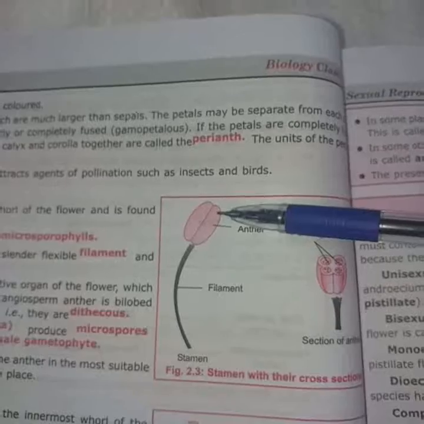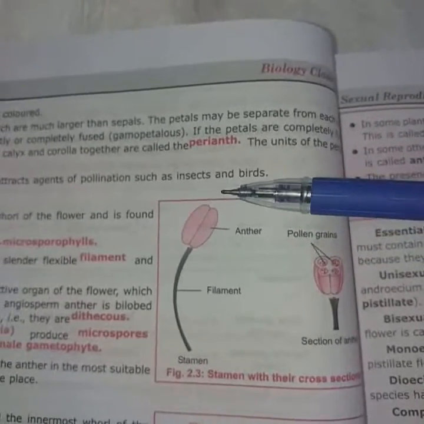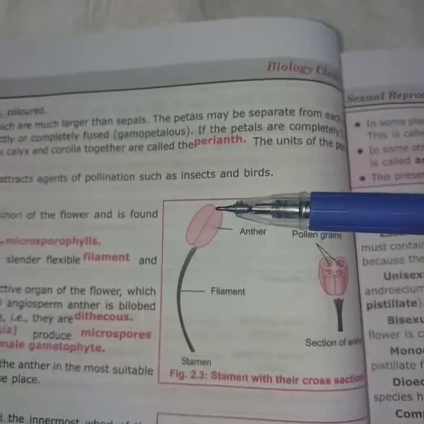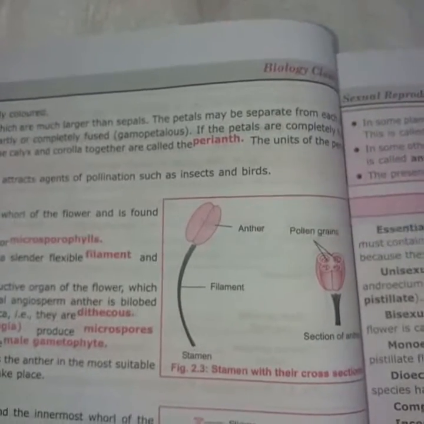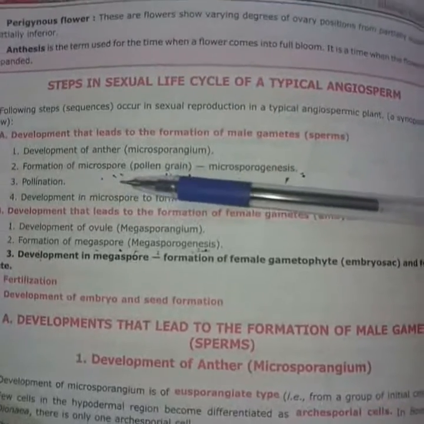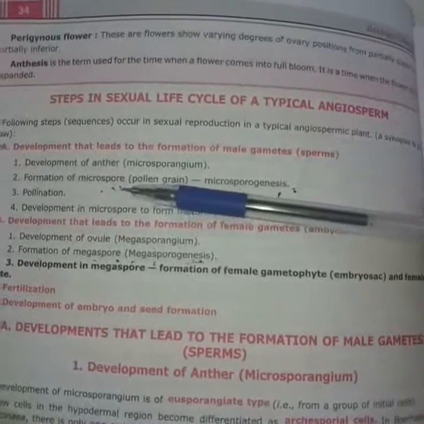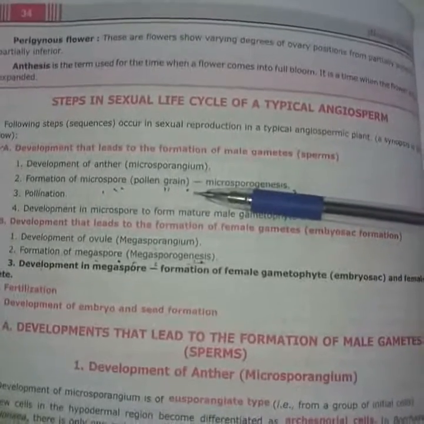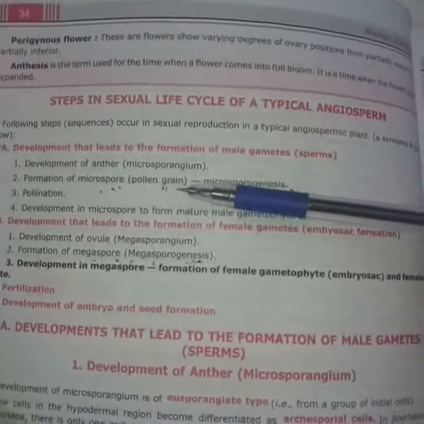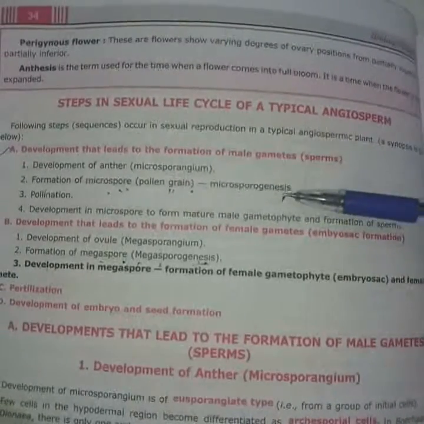When the anther is mature, pollen grains are developed. Next is the formation of microspores. Microspores are called pollen grains, and the formation of microspores is called microsporogenesis.